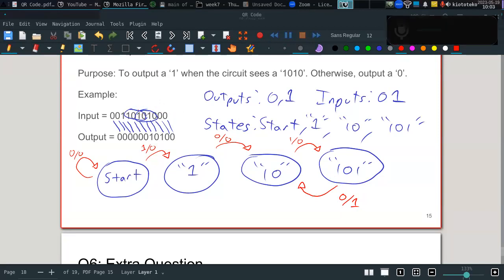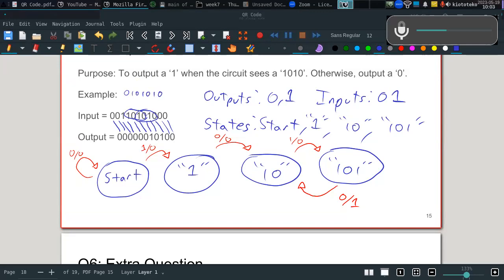For example, let's assume we have 0, 1, 0, 1, 0, 1, 0. So you are here. You're in start. Then you get a 1, so you're in number 1. Then you get the 0 and you are in 1, 0.